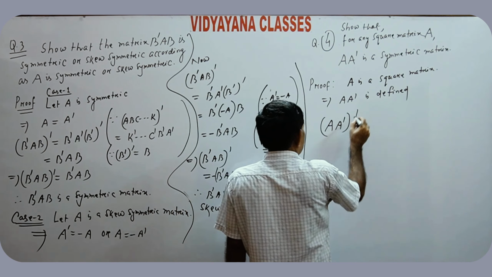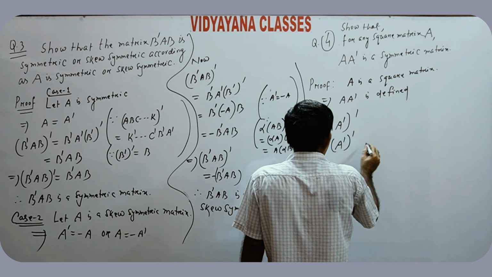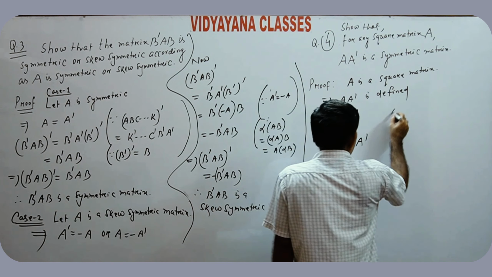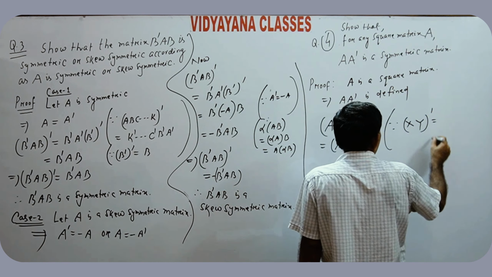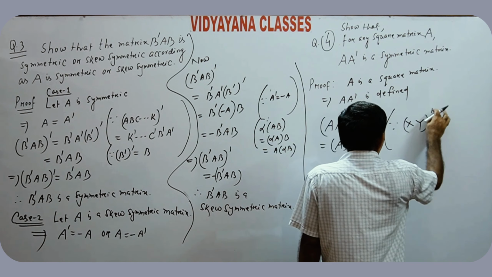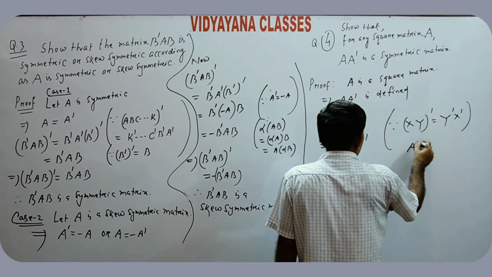A A dash whole dash is the same as A dash whole dash A dash, since transpose of xy is equal to y transpose into x transpose, which is the same as A A dash, since transpose of A transpose is equal to A, which implies A A transpose whole transpose is equal to A A transpose.